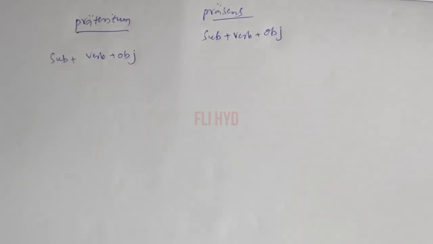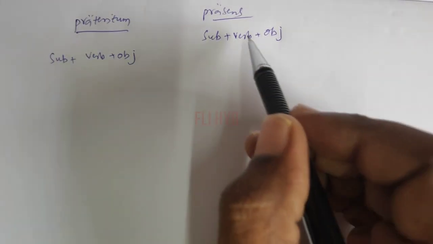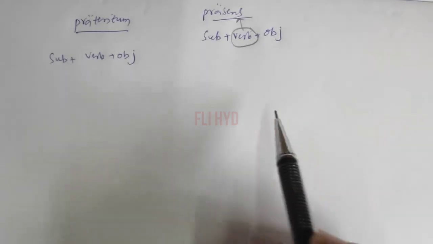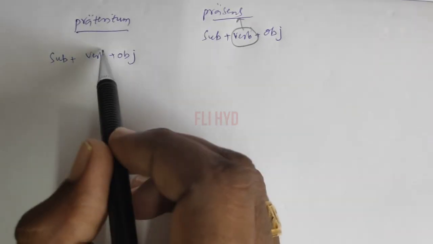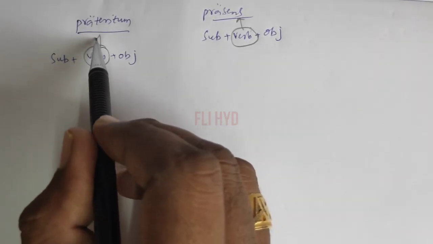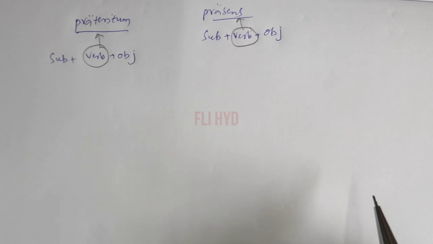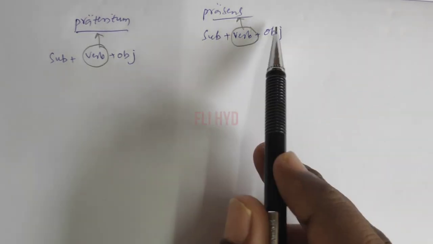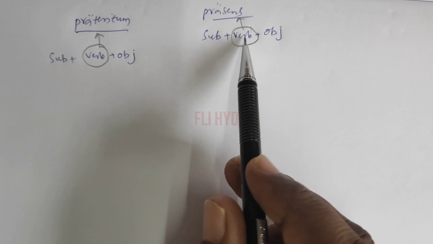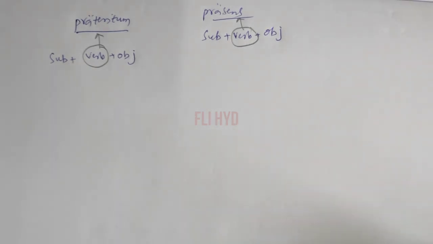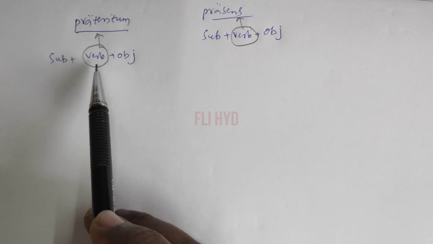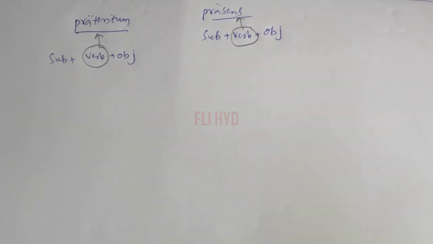But the difference is that if it is a present tense, the verb must be conjugated according to present tense, and if it is a past tense, the verb has to be conjugated according to past tense. So when writing a sentence in present tense, we must know how to conjugate the verb accordingly, and when writing in Präteritum, we must know how to change the verb into past tense.